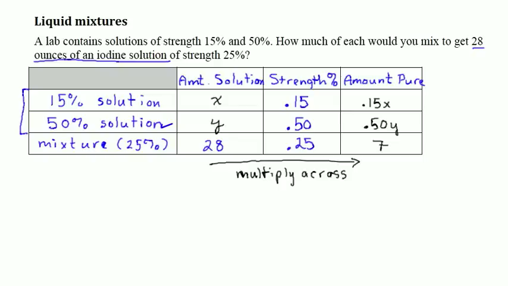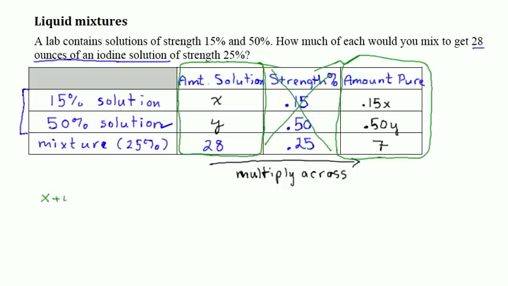So I make my two equations, again using the first column and the last column. And I never make an equation out of the middle column. So my two equations are x plus y equals 28.